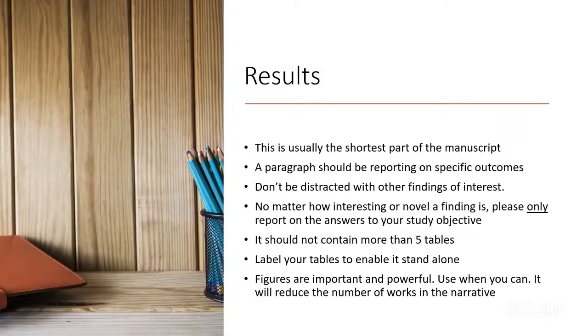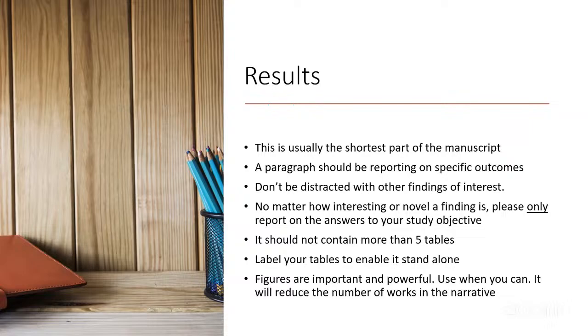Now, the results section is usually the shortest part, and that's for obvious reasons. It is a very concise aspect of the work. That's because you have done the study and you have the results. You are not expected to be writing lengthy stories or beating around the bush.